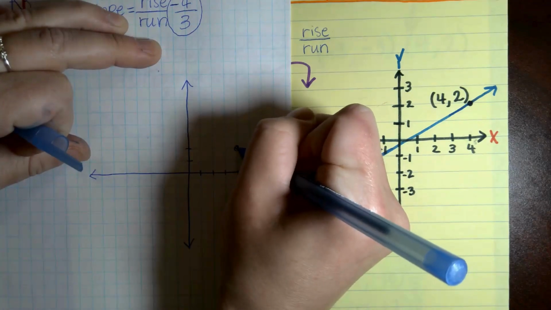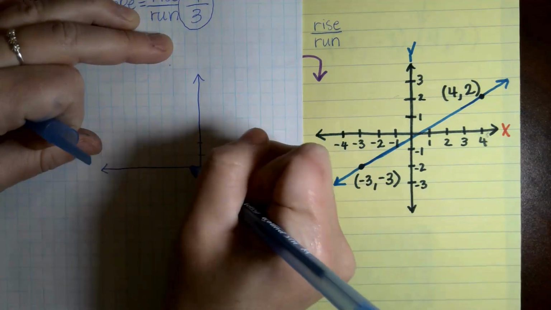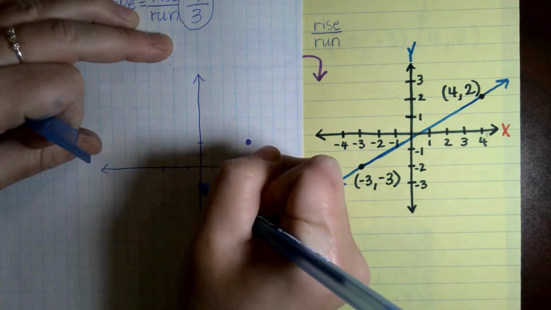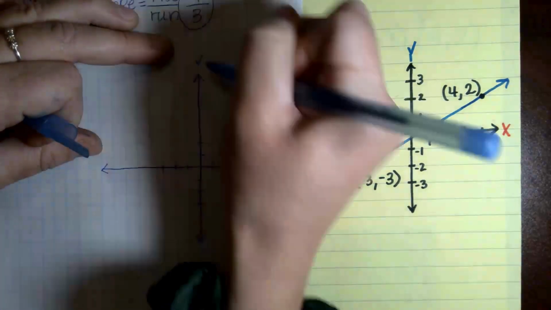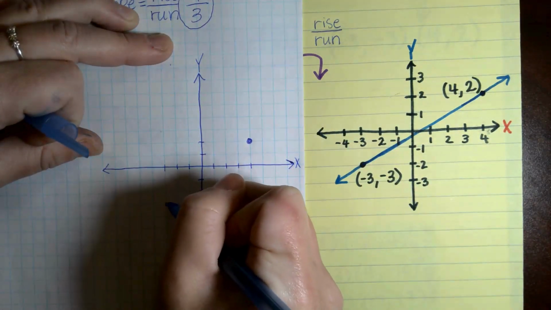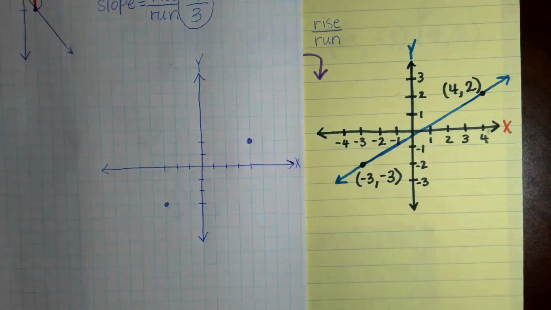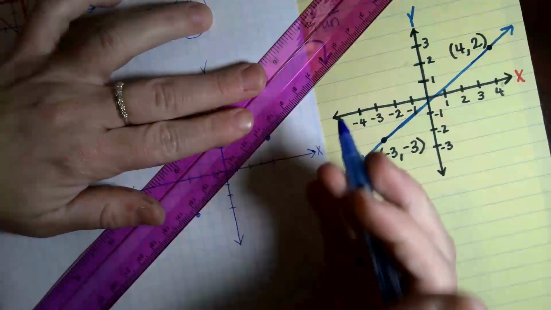It's going to be right there. My second point is -3, -3. So I'm going to do 3 tick marks on the negative side on either axis. Right there. Okay.